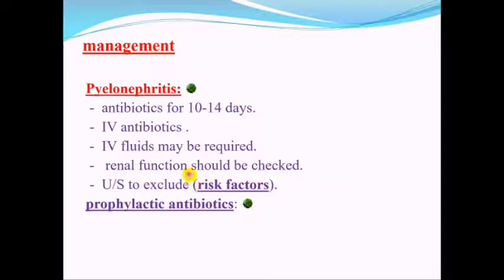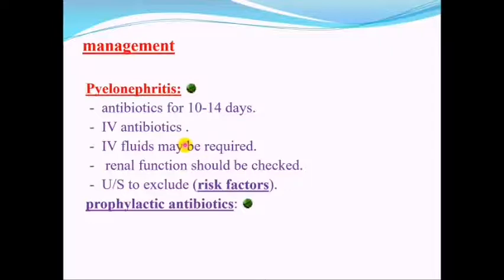In case of pyelonephritis, the antibiotic should be given for at least 10 to 14 days. Usually the antibiotic is given intravenously, especially for patients who have repeated vomiting or cannot tolerate an oral medication, and those who have pyrexia. Intravenous fluid may be required, especially for those patients who have repeated vomiting, to correct the state of hydration.